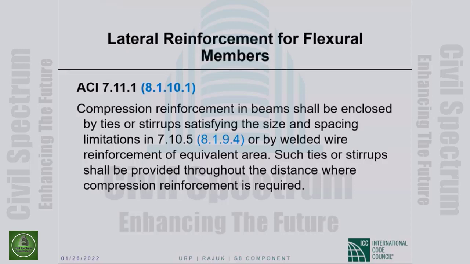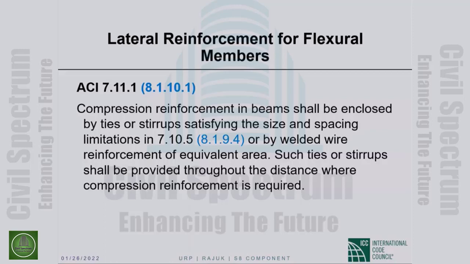So when we talk about compression reinforcement, it is reinforcement that is required to carry compression by design calculations. So compression reinforcement in beams shall be enclosed by ties or stirrups, satisfying the size and spacing limitations of 7-10-5, those are the column tie requirements, or by welded wire reinforcement of equivalent area.